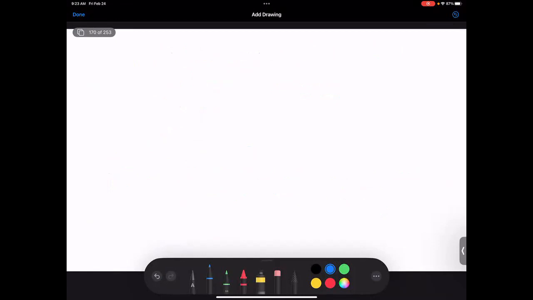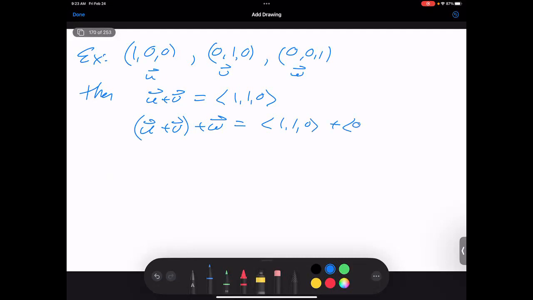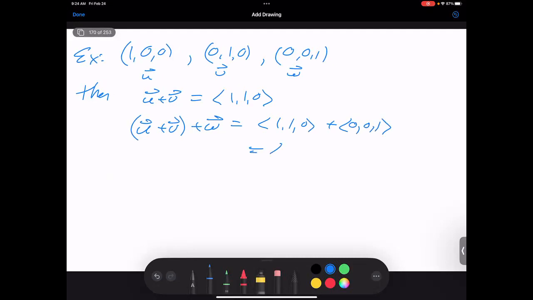So if I give you, for example, say 1 0 0, 0 1 0, and 0 0 1, then if I do this as u, v, and w, u plus v is just going to be the vector 1 1 0. So u plus v plus w would be 1 1 0 plus 0 0 1, which would be 1 1 1.